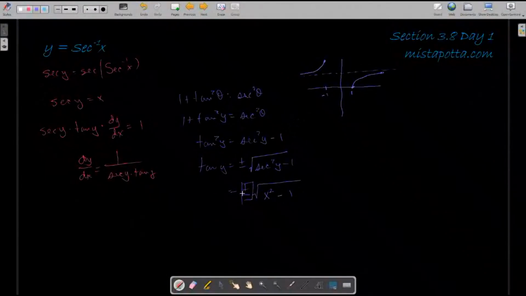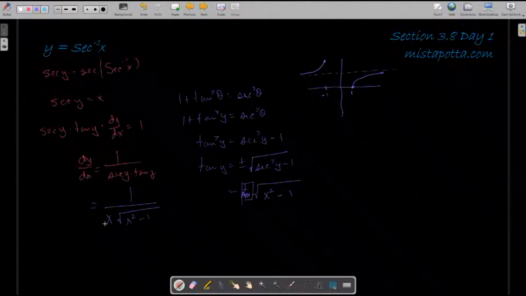And from the graph, I notice that my slope is always going to be positive, so I really don't need to consider this expression. The problem is, if I just go ahead and write this as 1 over x times the square root of x squared minus 1, x could be negative. As a matter of fact, x is negative for second quadrant angles.